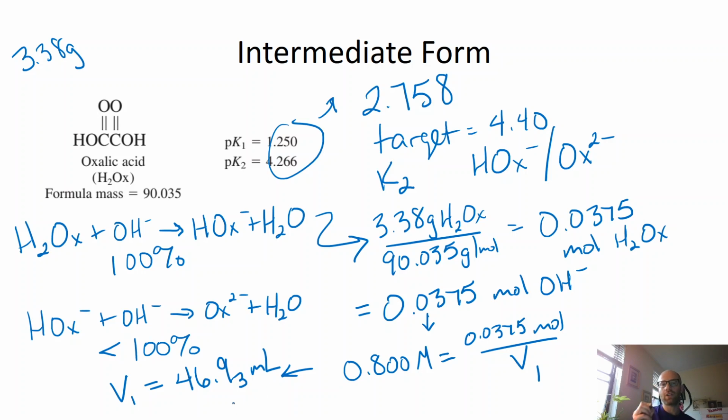So that much base will convert 100% of the acid into the intermediate. That means if you add twice that much, you would probably get a full conversion into 100% base. We don't want to do that, so I know that when I'm done with the second part, I should have a number that's less than 46.93. If I don't, then I made a mistake somewhere.